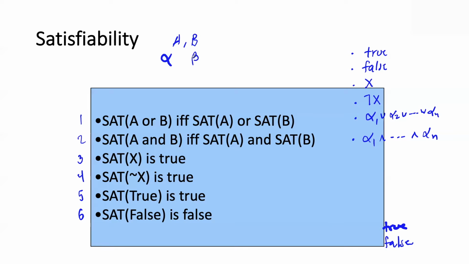So again, let's see, what is this saying? Let's look at one direction here. Maybe this direction this way. So if you're able to satisfy A or alpha, that means you found a truth assignment that makes this guy true. Now, if you found a truth assignment that makes this guy true, will that make this guy true as well?